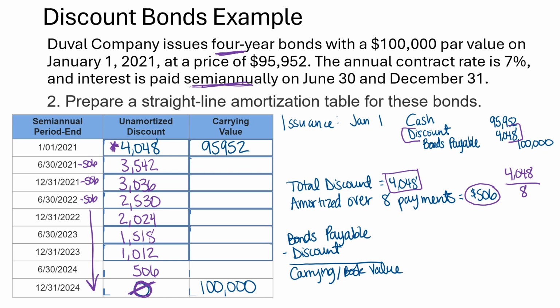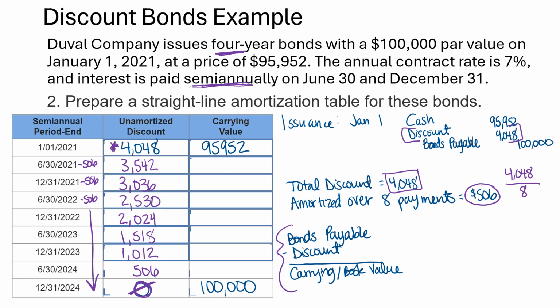So then if we're looking at the carrying value, we have to remember the relationship between the carrying value, bonds payable, and the discount amount. So remember, this is the calculation to figure out the carrying value or the book value. You take the bonds payable amount.